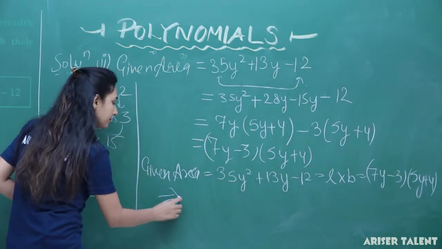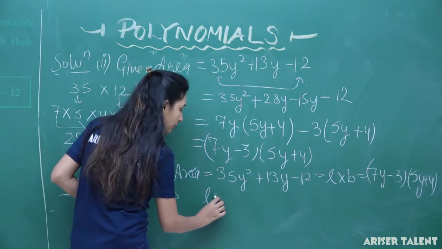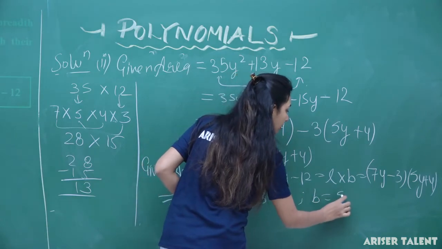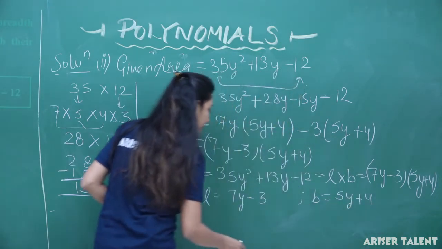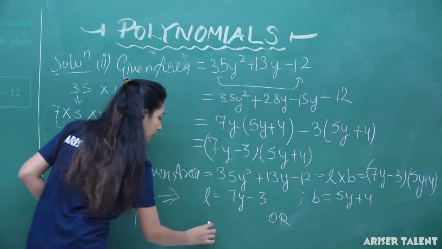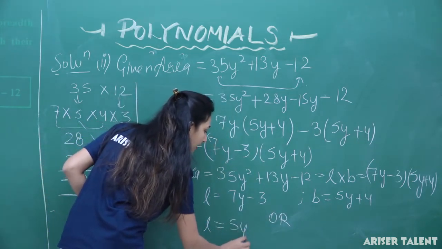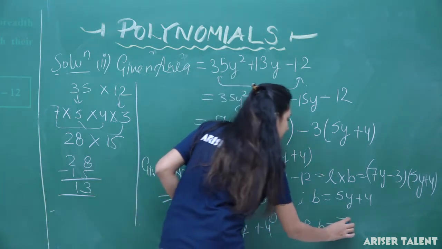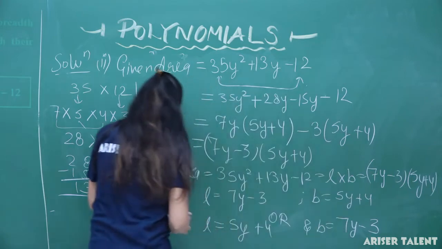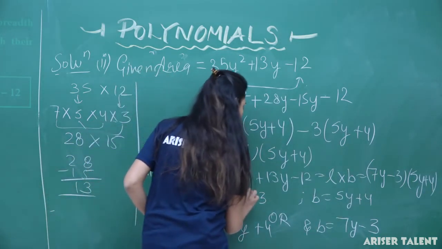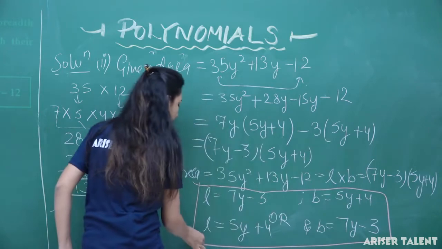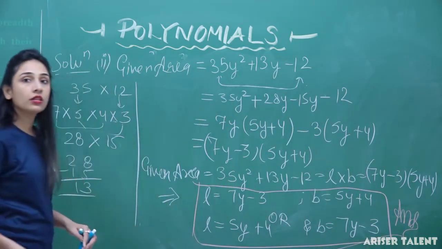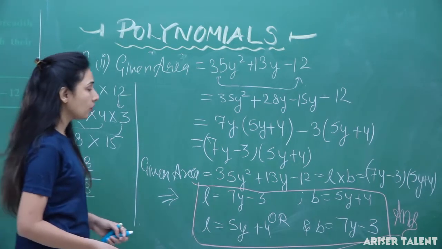This implies that L equals 7y minus 3 and B equals 5y plus 4, or L equals 5y plus 4 and B equals 7y minus 3. These are two possible answers for the given expression. Note it, right? Note this completely.